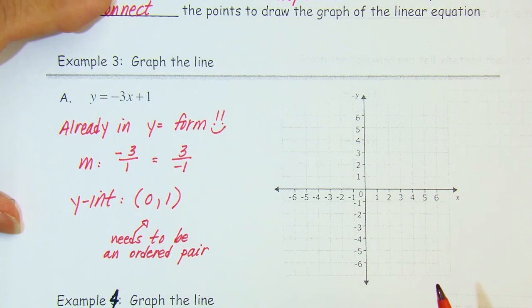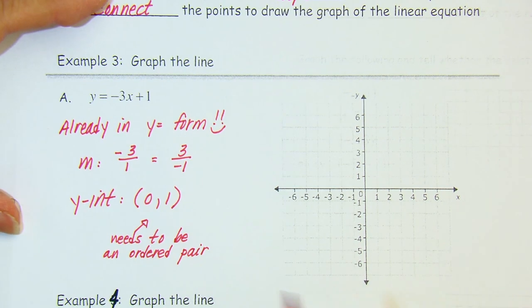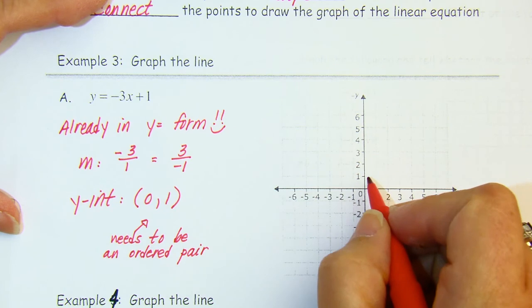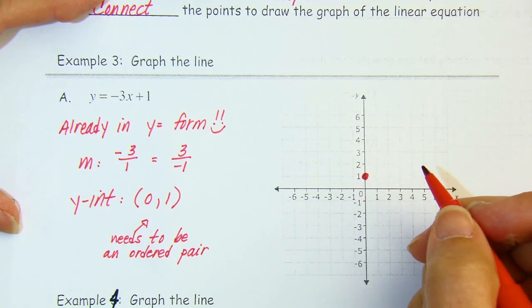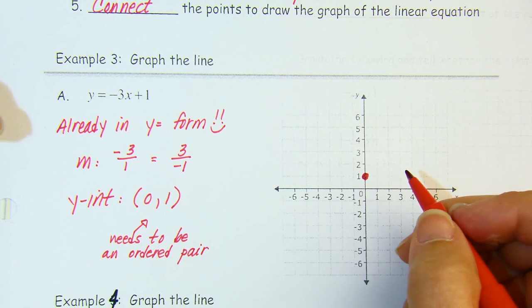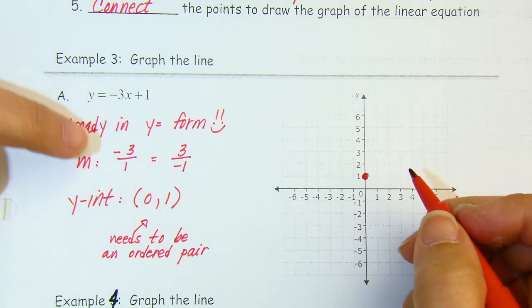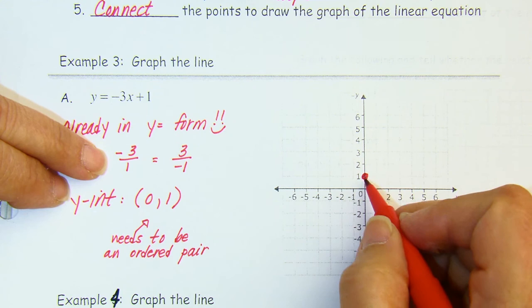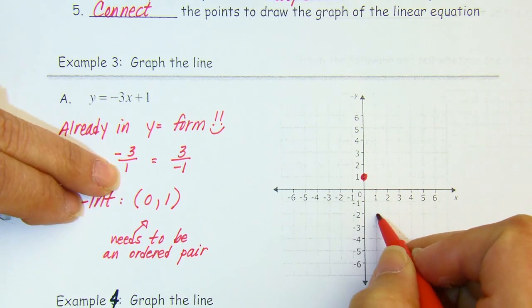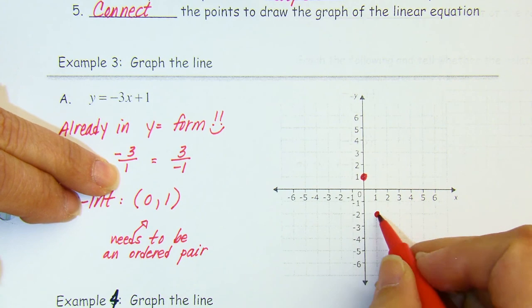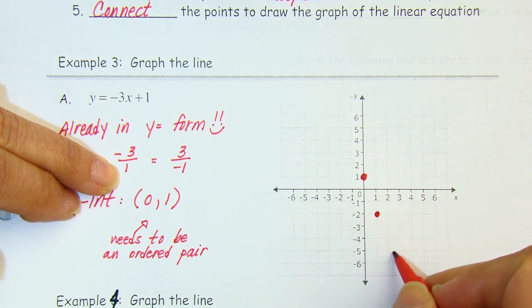So now, what's the procedure for graphing? Well, I'm going to plot the y-intercept at x is 0, y is 1. That's that point right there. Now I'm going to use the slope. Well, it's rise over run. If I use this one, I'm going to move down 3 units, 1, 2, 3, and to the right 1 in the positive direction. Again, down 3 units to the right 1.